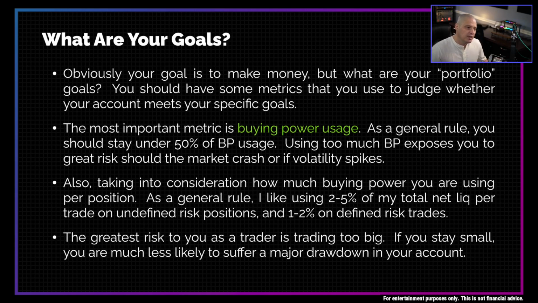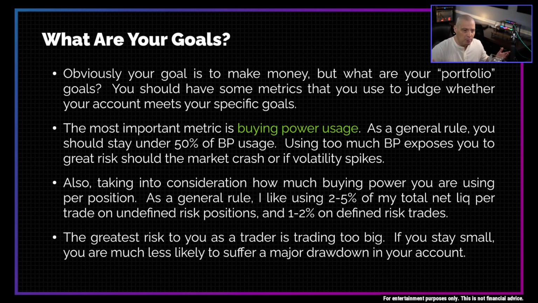Now, the most important metric that you want to keep track of is your buying power usage. As a general rule, you should stay under 50% of buying power usage. You don't want to use more than 50% of your buying power. You certainly don't want to use more than 70 or 80% of your buying power.